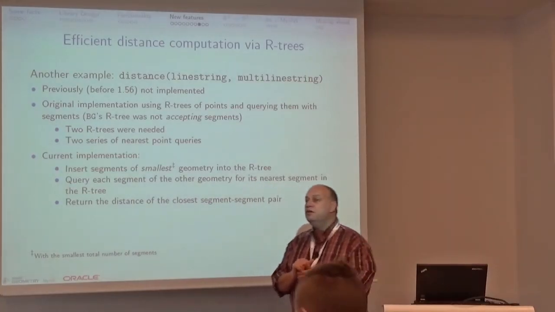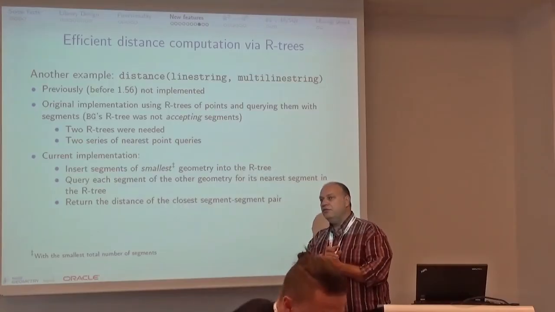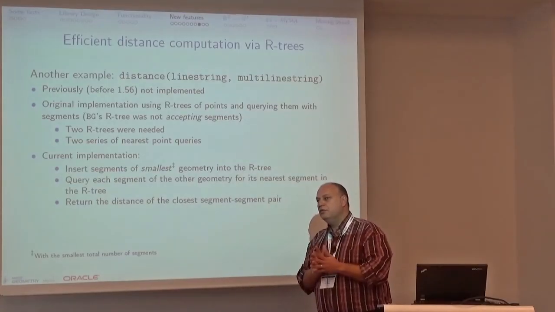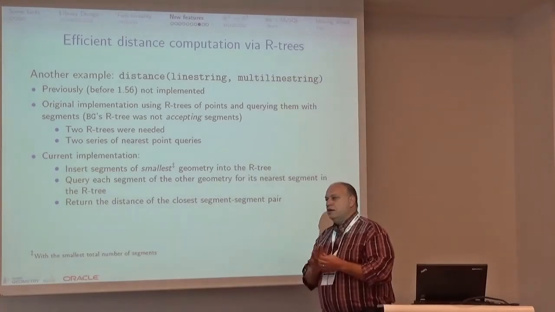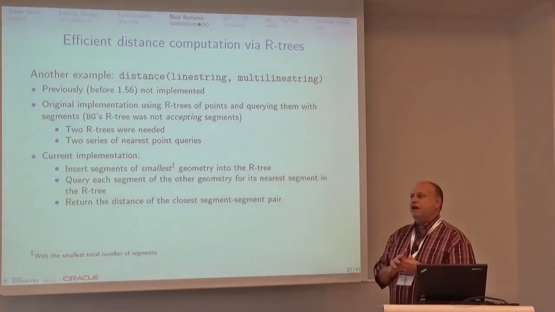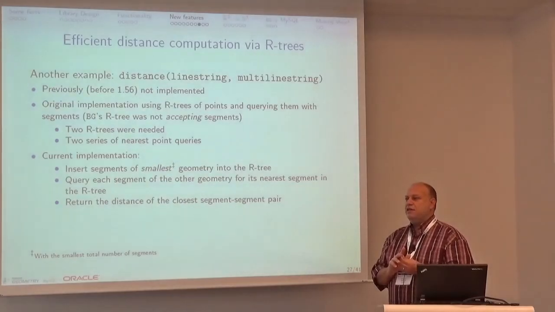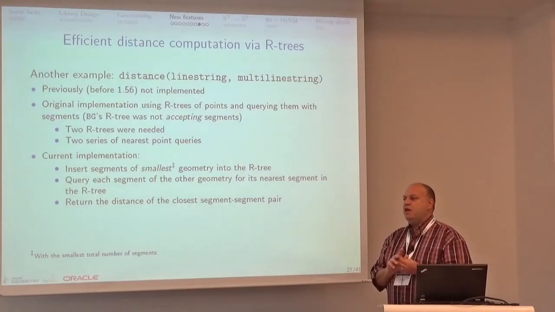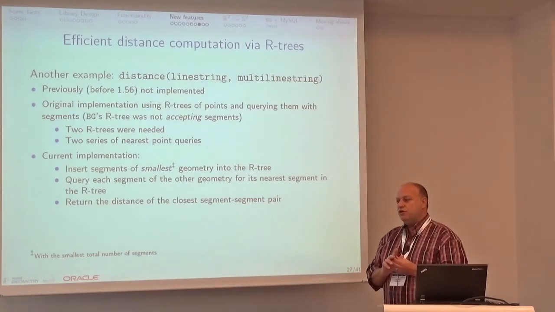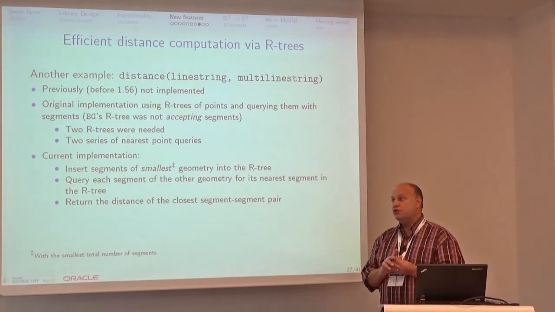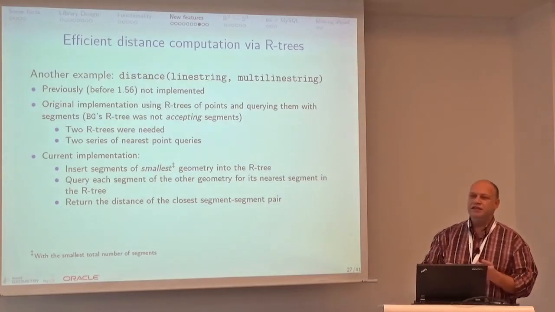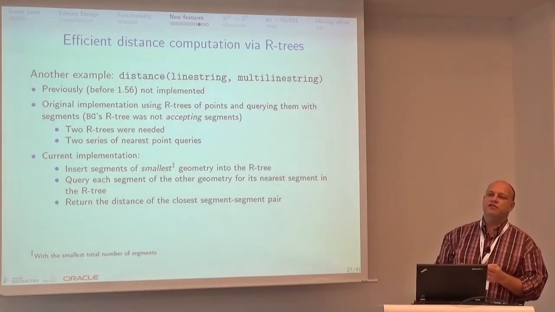Yes? Are you planning to already parallelize any of these operations? I think that the medium-term goal is to do parallelization. At this point, we're more targeted towards supporting things in geography.